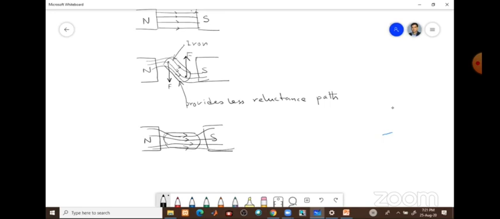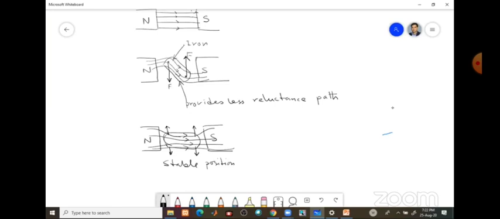Okay, so this is the stable position of the iron bar, but why is this position stable? Because here there is a bending of the magnetic flux lines, but if due to that bending it has some force in the upward direction, that will be balanced by a force here in the downward direction. Here also, if we have some upward force, it will be balanced by the downward force. So this is the stable position of the iron piece.